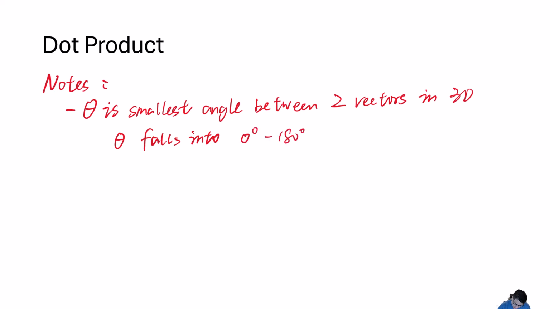Another thing is that the result of A dot B is a scalar, or a number.